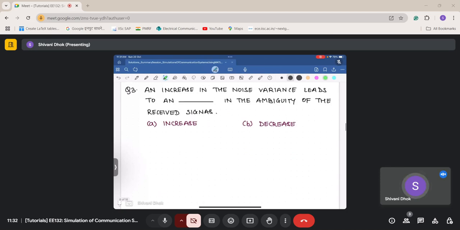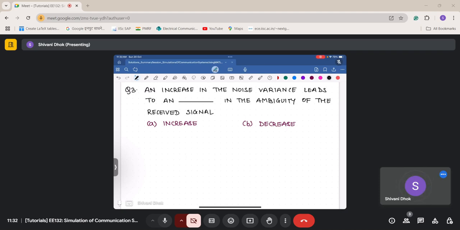Let me move on to the next question. The next question says, an increase in the noise variance leads to a dash in the ambiguity of the received signal. So the options are increase in the ambiguity or decrease in the ambiguity.